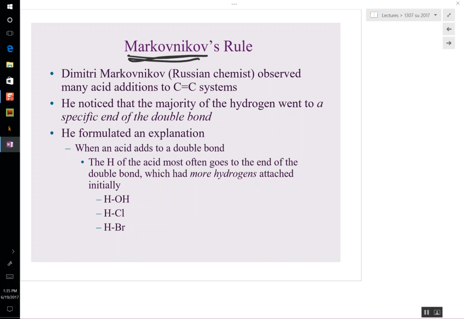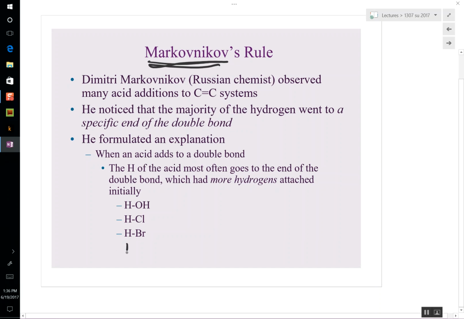So you can see how they're showing that water and HCl and HBr, HI, HF have a similarity here. They have a hydrogen and something else. So Markovnikov's rule applies for hydration and hydrohalogenation.